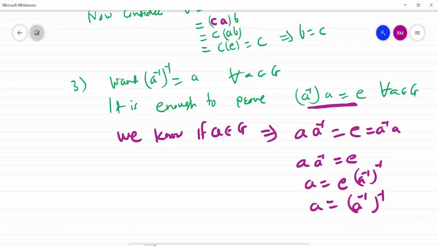So in this way we succeed in showing the equality for any element A in G.